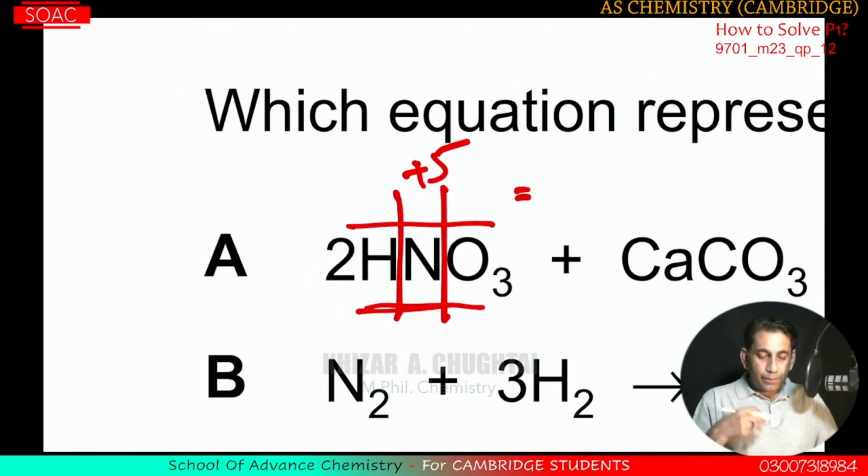I put the oxidation number of oxygen and hydrogen. 1 oxygen is -2, so 3 oxygen gives -6. Hydrogen has a fixed oxidation state of +1. I'm ignoring the number of moles at the moment. So nitrogen's oxidation state is +5.